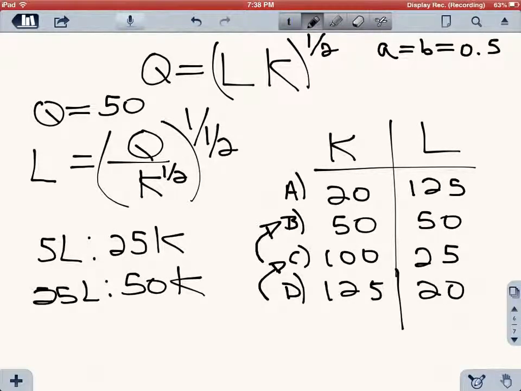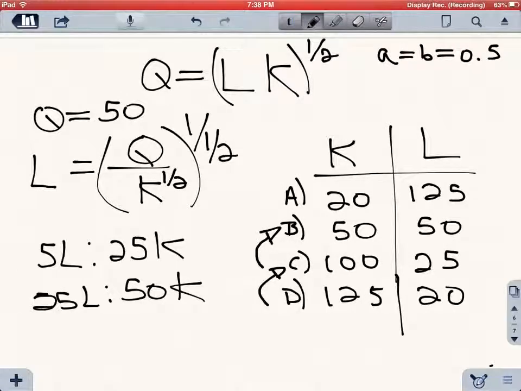So you notice that you need a lot more labor to replace the capital when you go from C to B than when you were going from D to C. See, in this one labor actually was able to replace 5 units of capital. But in the other one, when you already had more labor at 25, your labor did not replace capital at the same rate. One labor actually replaced only 2 units of capital.